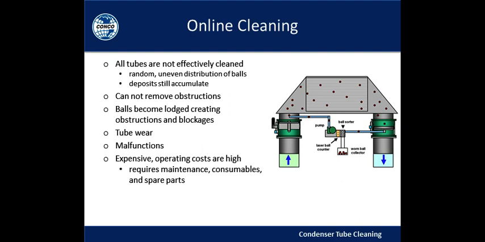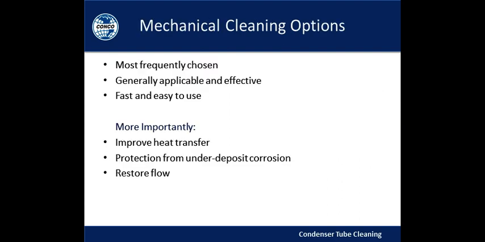Now, we like the mechanical cleaning options. Why? Well, because they're the most frequently chosen, and they're generally applicable and effective, and of course they're fast and easy to use. They're very safe. More importantly, we can always see an improvement in heat transfer and provide protection from under-deposit corrosion.